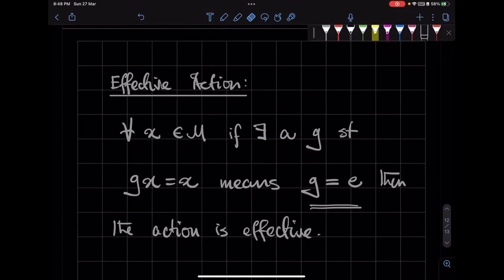So what would be an example of an action that is not effective? Can someone come up with an example? I actually haven't thought about it, so I don't have an example ready, but we should be able to, right? To understand something, you have to understand the counterexample, right?